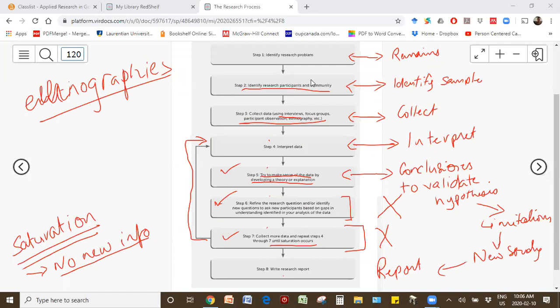You develop your questions, you do your interviews, you collect your data, you identify themes, you try to put a theory together, and you find, well, I'm curious about this additional question which I want to ask. So you add that, or you add a few questions, or you change a few questions. And you go through the process a few times. Okay, so till you hit saturation, and it's only then you develop your final theory and write your research report.